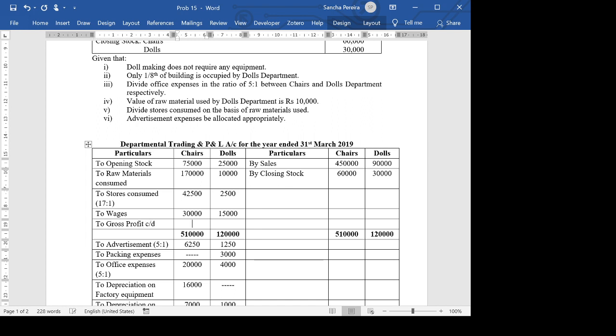To gross profit carried down, we will have here 1 lakh 92,500 and this will be 67,500. Bring down the gross profit. By gross profit brought down, 1,92,500 and 67,500.